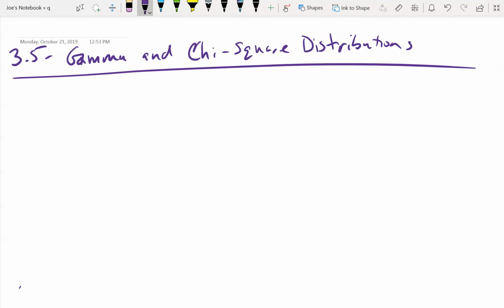All right, anyway, so let's talk about where these things come from. We already talked about the exponential distribution coming about from the Poisson process. One of the things we really want to emphasize is that the Poisson and the exponential are inverse ideas of each other, right? The Poisson talks about the number of occurrences in a given time period; the exponential associated with it talks about the waiting time until the first one occurs.